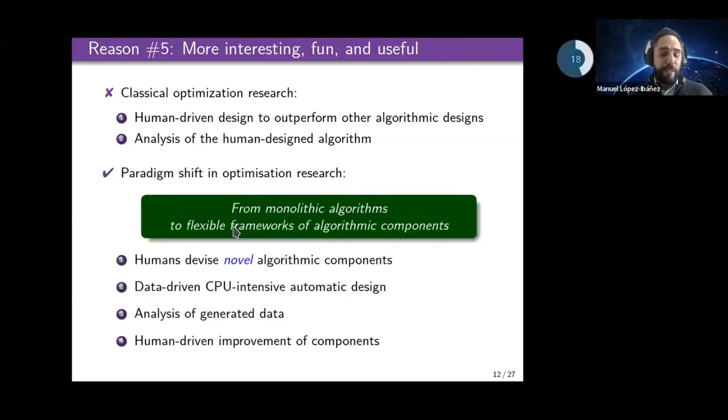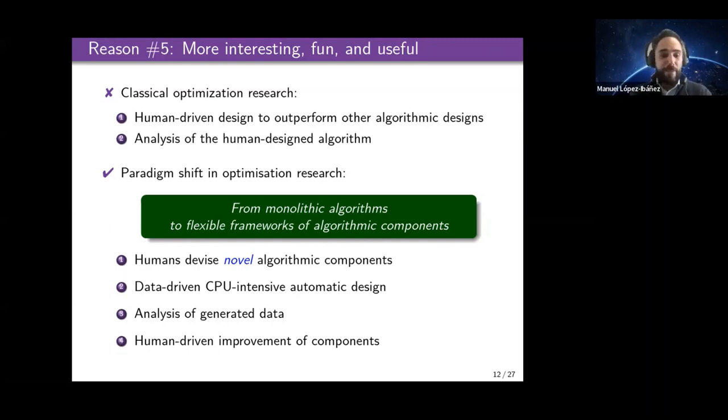If we have a system that can generate new algorithm designs from components automatically, as I described before, then the perspective changes. There is a paradigm shift there. If we have this system that can automatically generate new algorithm designs from a library of components, then the role of a human is to devise novel algorithm components that are not already in the system.